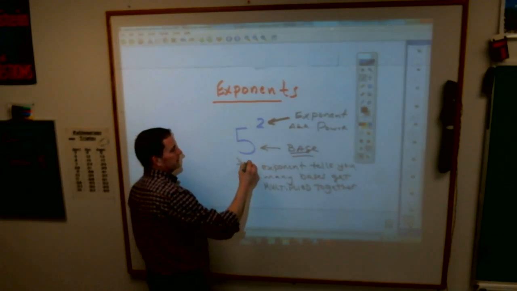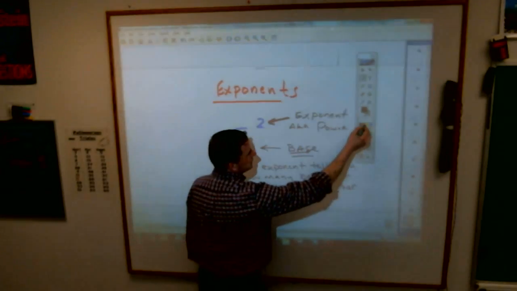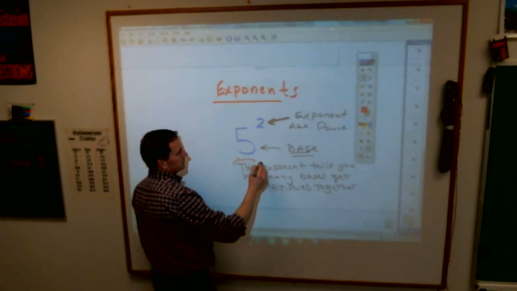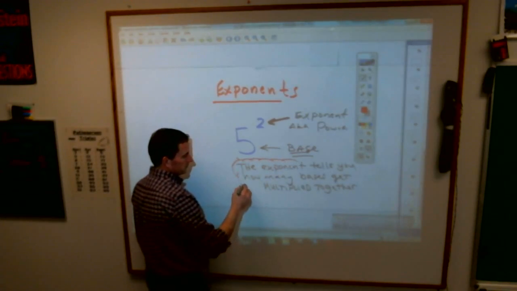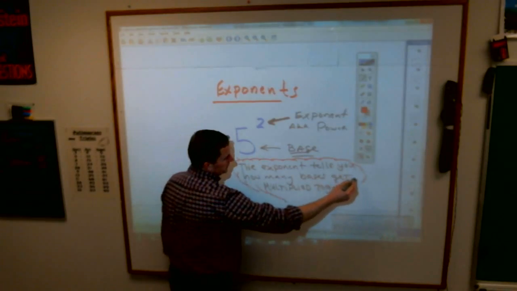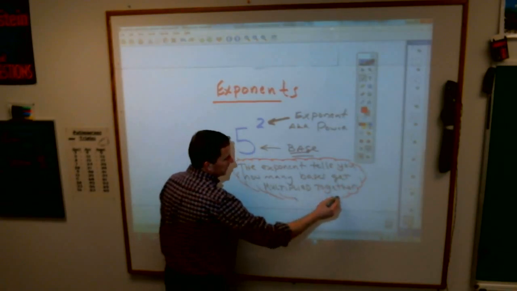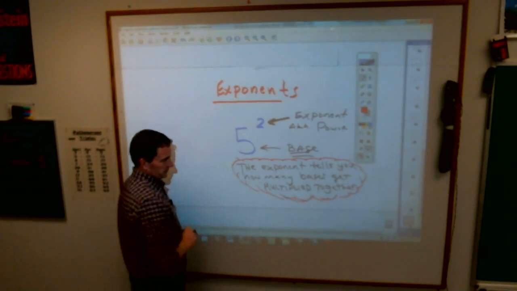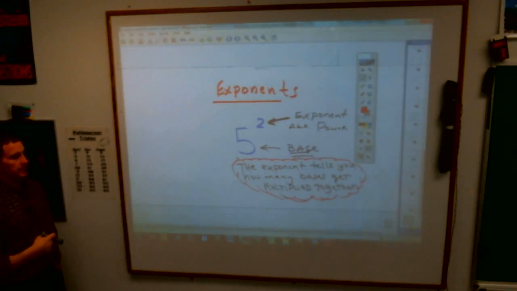Let me write that down and then we shall talk. A little proverbial turkey here. The exponent tells you how many bases get multiplied together.